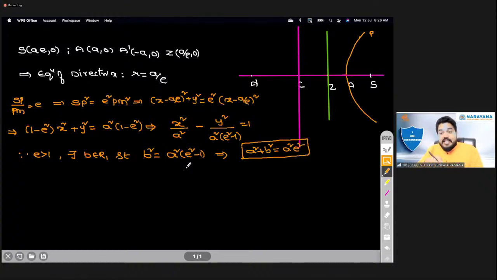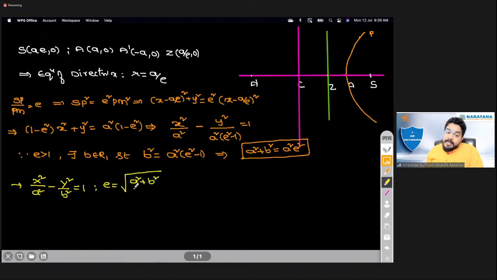Here e is greater than 1. So this equation reduces to x square by a square minus y square by b square is equal to 1, where e is equal to square root of a square plus b square by a square.